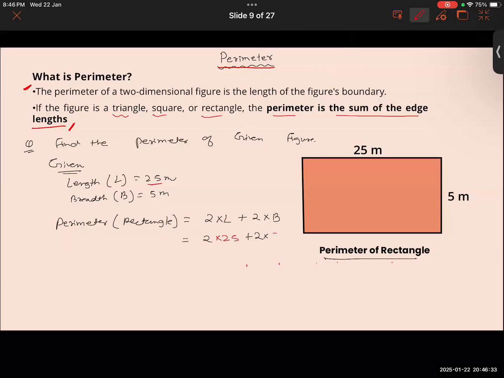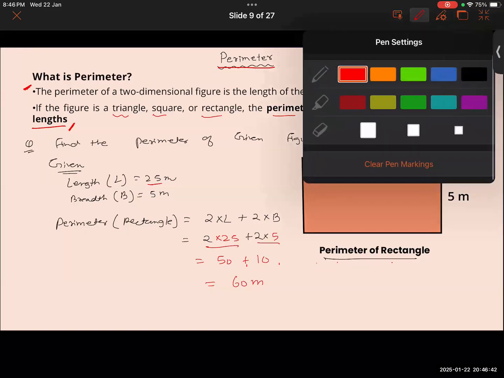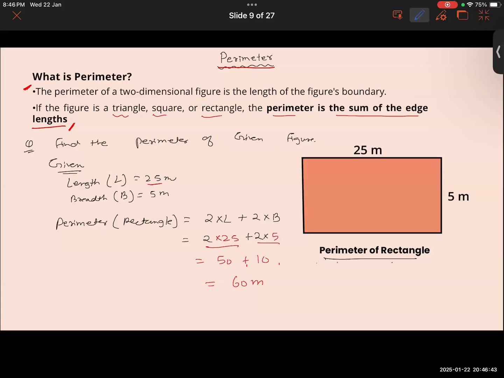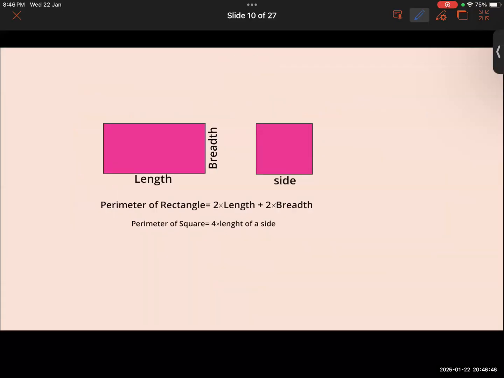So that is going to be 50 plus 10, and that is equal to 60 meter. So that is how we are going to find the perimeter of a rectangle. Got it? So the perimeter of a rectangle is 2 times length plus 2 times breadth. Clear? Yeah, clear.